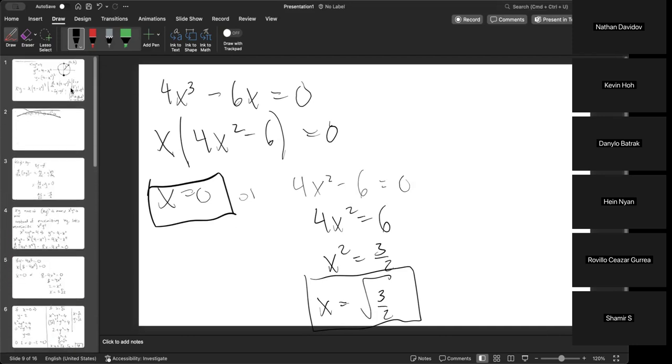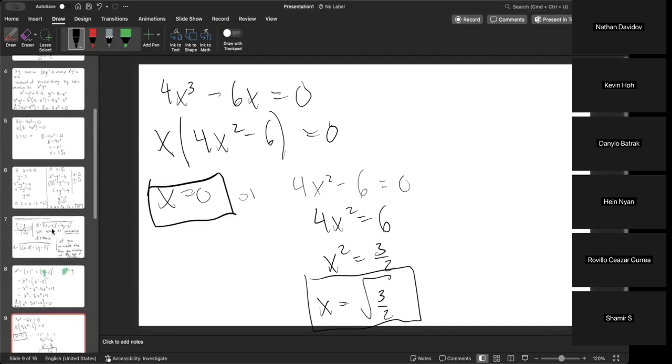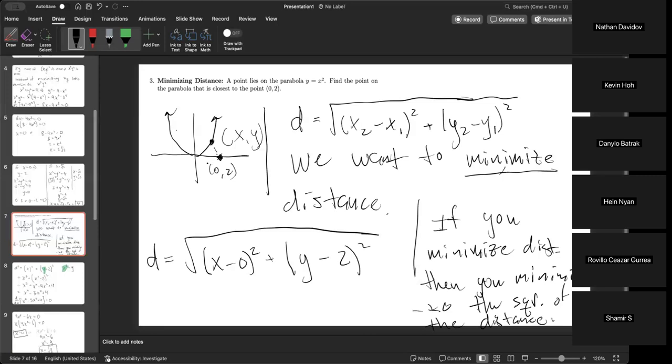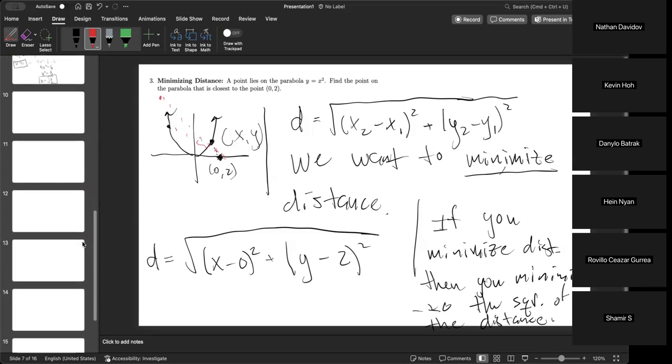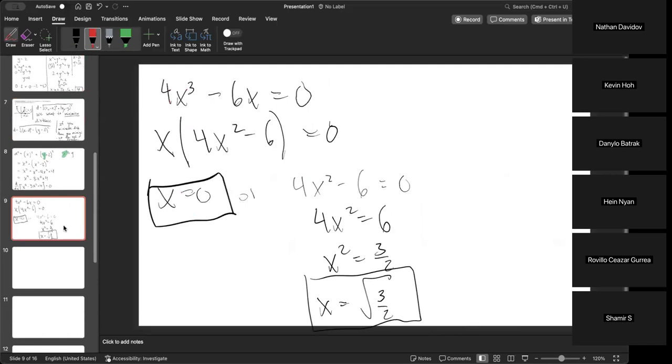There's definitely no longest distance from 0, 2, right? Because I can just keep getting longer and longer distances. So there's definitely no maximum to this question, but these two will be minimums.